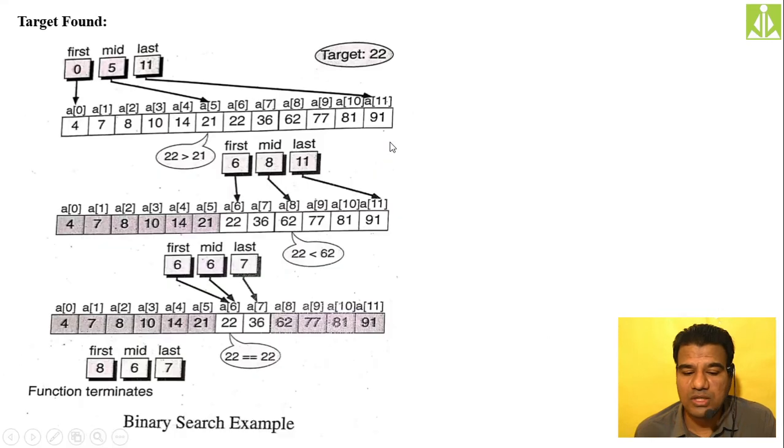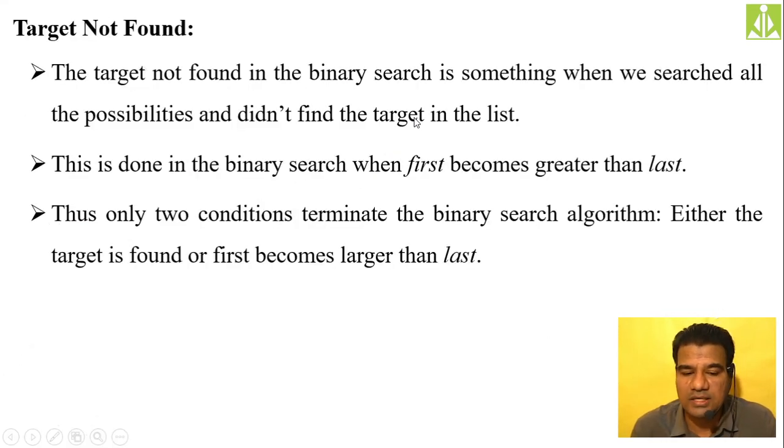So when we go to the target not found case, it is not like reaching the end of the list. Simply you have to check in what case the first value becomes greater than last. Whenever you are performing binary search, the first value should always be lesser than the last value.